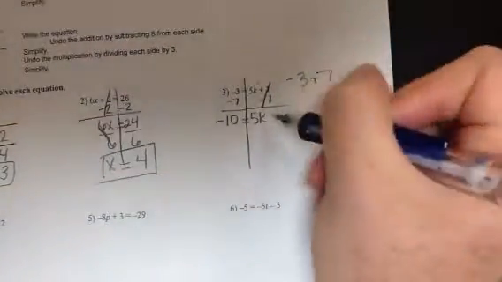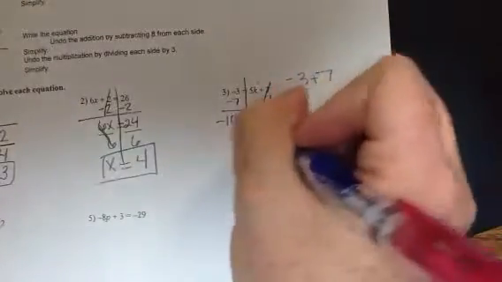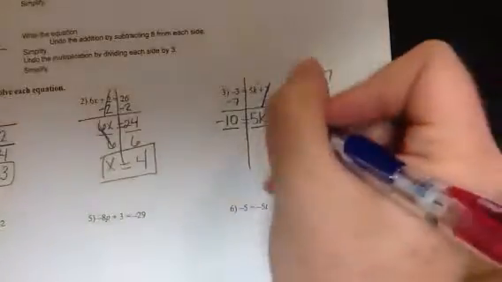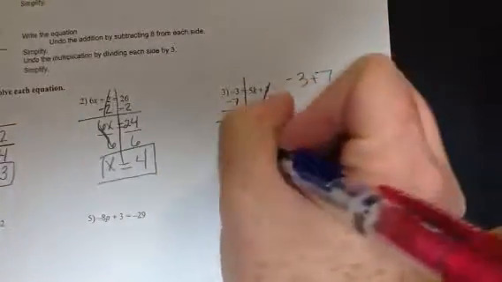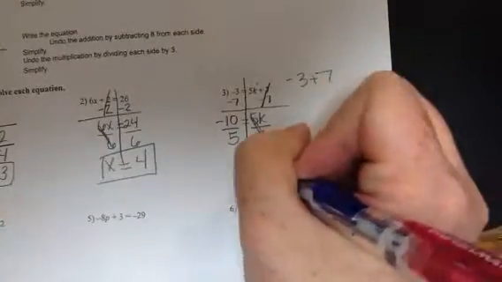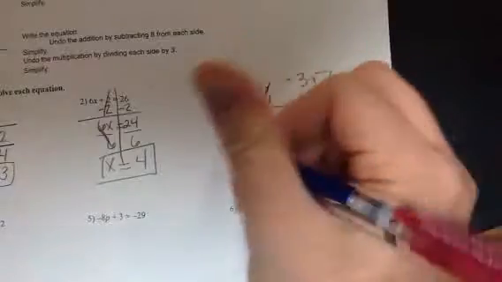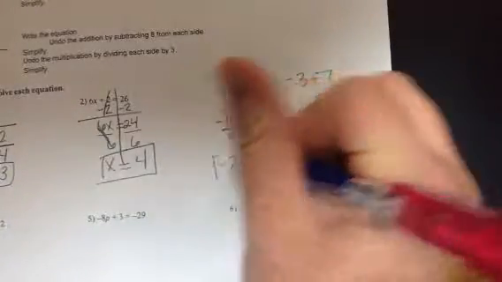Okay, we're solving for k. 5 and k are multiplying, so the opposite is to divide. We've got to divide both sides by that same 5. That's going to cancel. It's going to leave me k on the right. Negative 10 divided by 5 is negative 2. And we can check this.